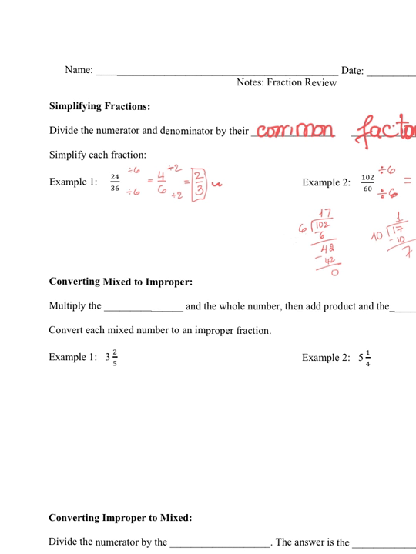Next one, we're gonna learn how to convert a mixed number into an improper fraction. So we're gonna multiply the denominator and the whole number.